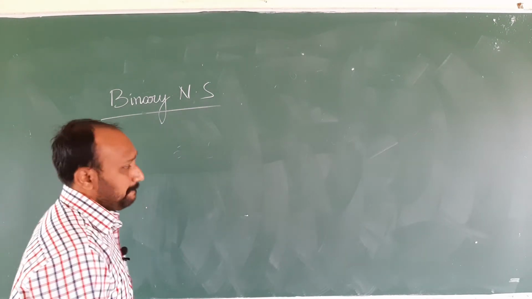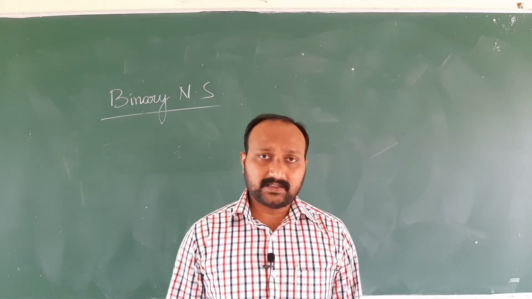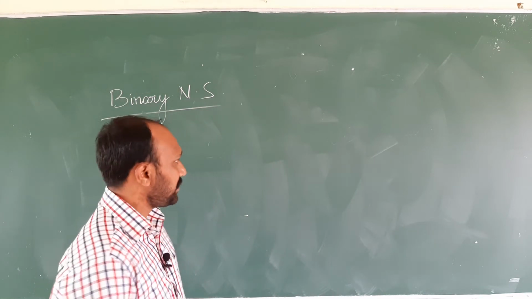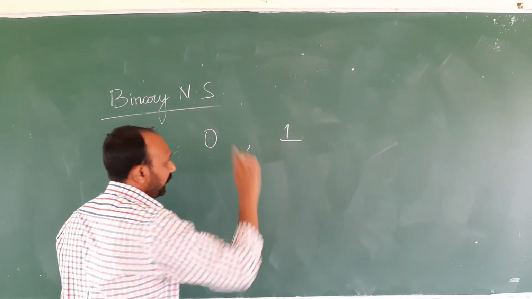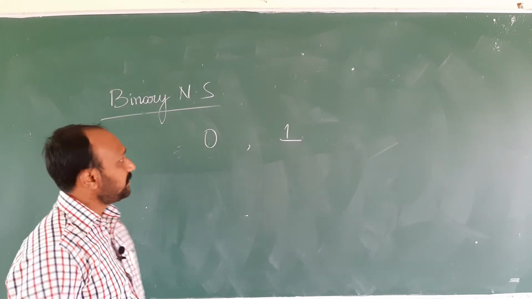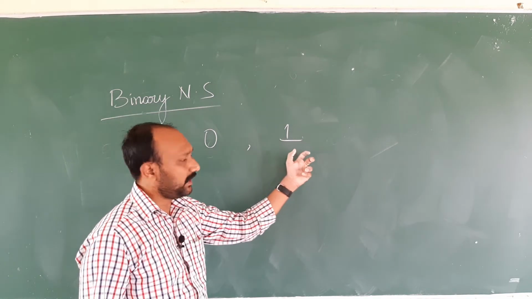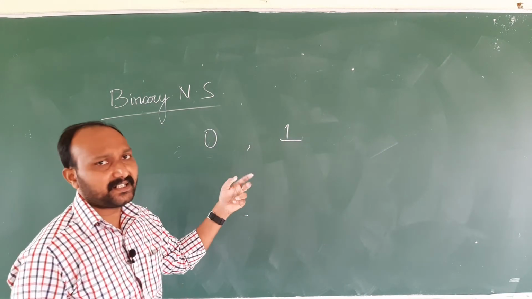Okay. Next, what is a binary number system? A number system having only two symbols. What are those symbols? One is 0 and another one is 1. So a number system which uses only two symbols, that is 0 and 1, is called binary number system. What is meant by binary? Binary means 2.